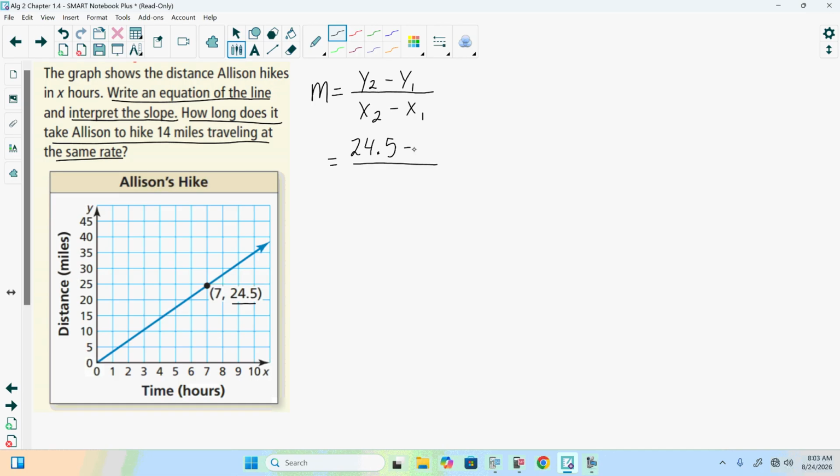Well, 24.5 is the point they gave us, yes? So we can use its y value first. And since its y value went first for that point, its x value has to go first on bottom. So 24.5 will go on top, 7 will go on bottom. What's our other point? 0, 0.